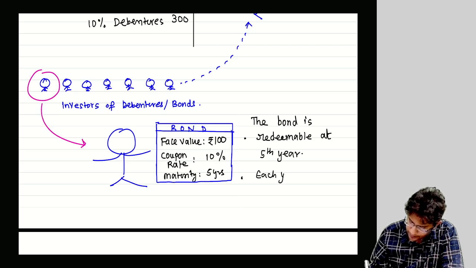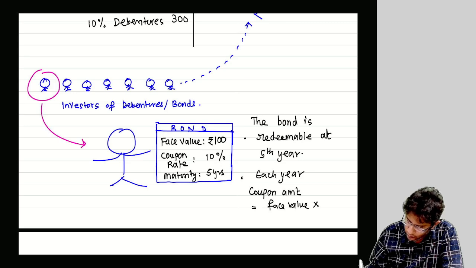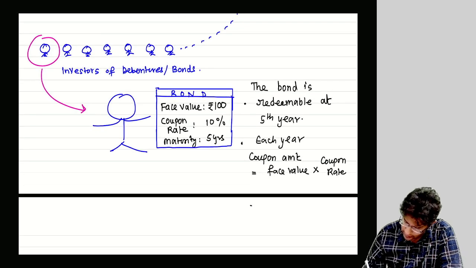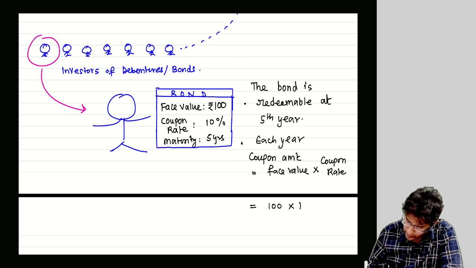Each year they will pay a coupon amount. How much coupon amount will they pay? 10%. And 10% you have to apply on what? Face value or par value, that into coupon rate. So in our example, that is 100 into 10%, which is equal to 10 rupees.